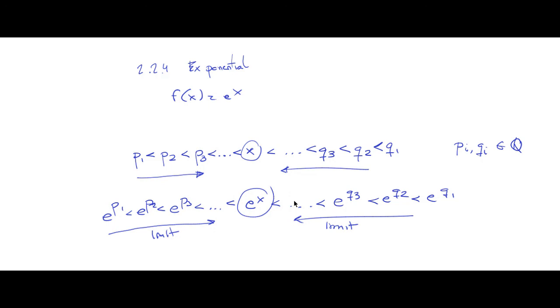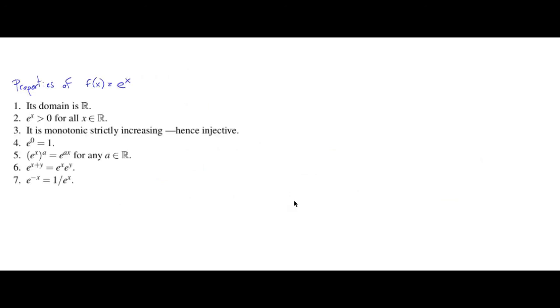Okay, so the main properties of the exponential, we have seen them now, so this is just a summary. The domain of the exponential is R. We have seen the input to this function is every number that we can think of. We can think of positive numbers, negative numbers, rational, irrational, whatever. It can always fit in this formula. Now e to the x is greater than 0 for all x in the real line.